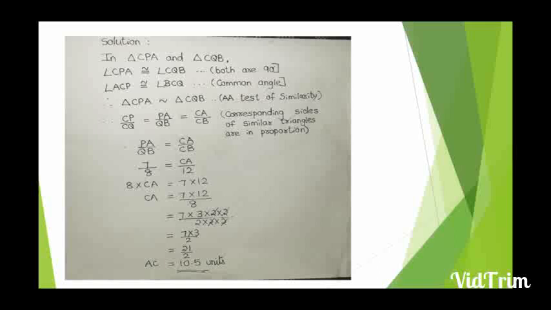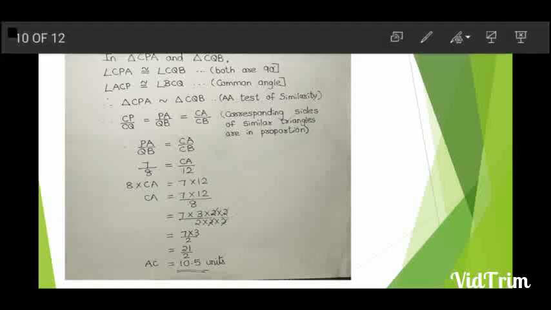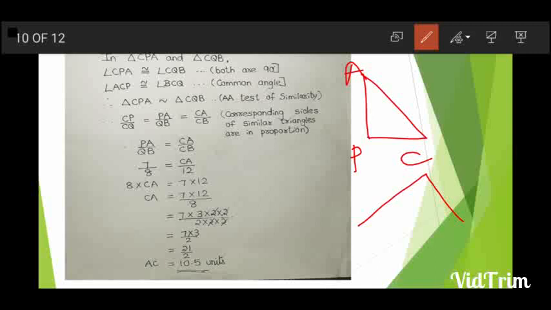Now see, again let me draw over here, triangle APC and triangle BQC. See here, this is 90 degrees. They have already given the information. So how to write the order? For example, you have written the first triangle as CPA.